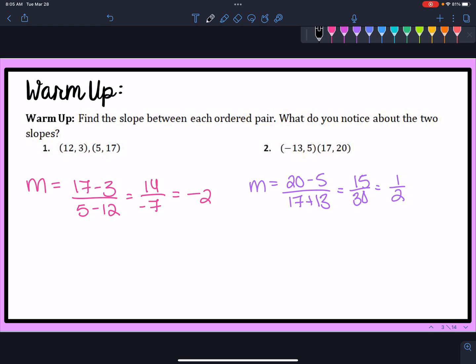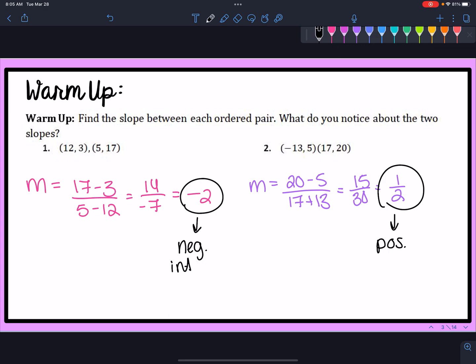Okay, I have already gone ahead and found the slopes. For the first one, I got -2, and for the second one, I got 1/2. So there's a couple of things I'm noticing. First of all, I notice that this one is negative and that this one is positive. I notice that this one is an integer.